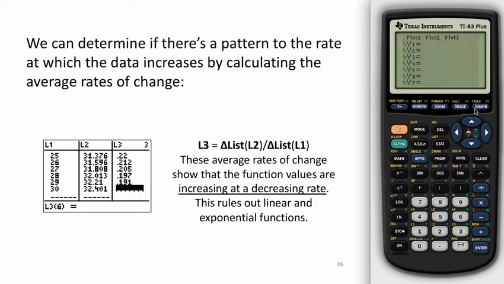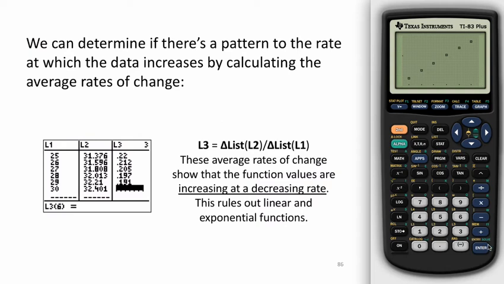From the original scatter plot, I guess I need to hit zoom, stat. Oh, what's happening there? Stat, edit. Oh, right, I turned the plot off. Oops. Turn plot 1 on and hit zoom, stat. So here's where we were at the beginning. We saw that graph. We couldn't tell whether there was curvature here.